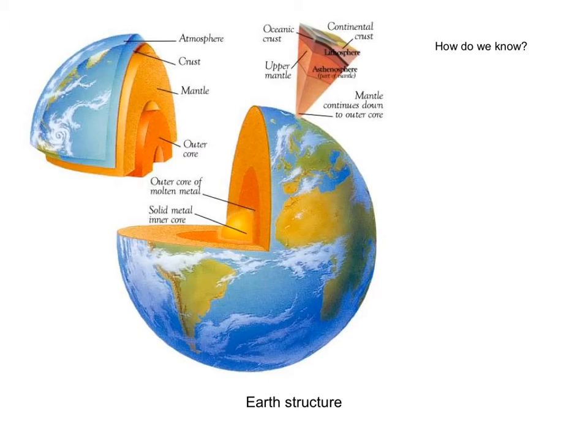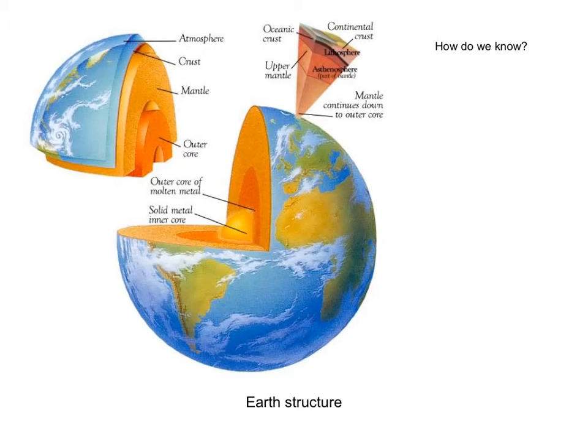Core is made up of what kind of elements? What would you expect to sink down to the middle of the Earth during its formation? Metal, all the heavy stuff.